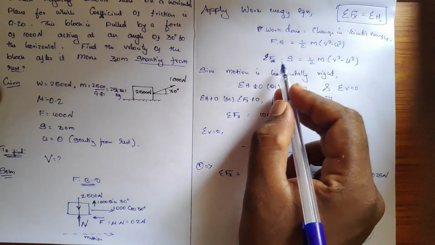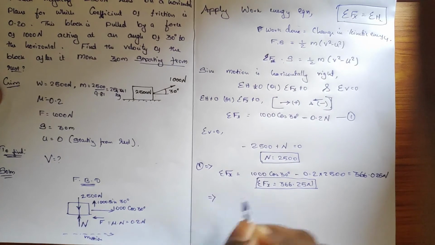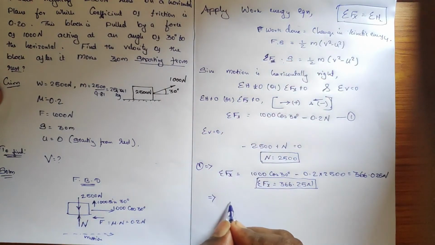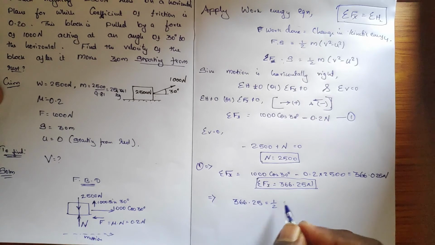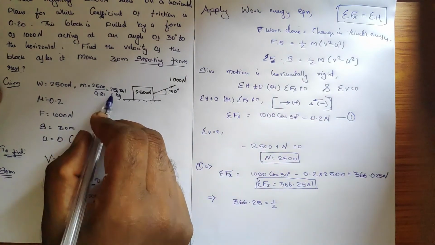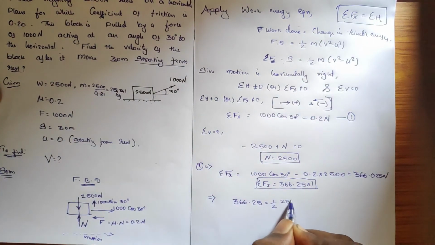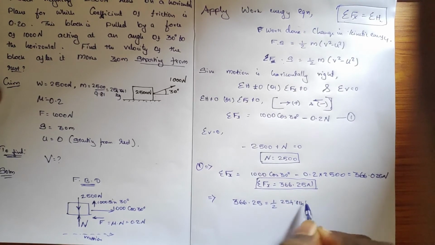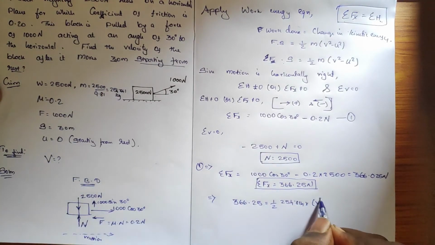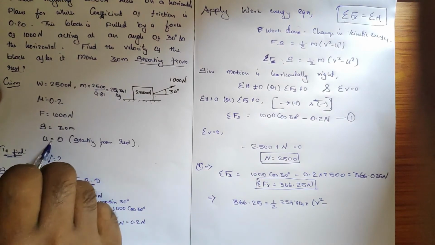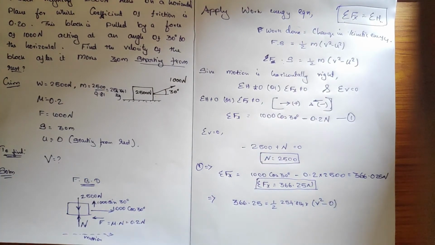Now the work energy equation will be, in the place of Fx, 366.25, which is equal to 1 by 2 mass, where the mass of the block is 254.814, into velocity v square, which we need to identify. So v square minus initial velocity, which is 0 since initially at rest.